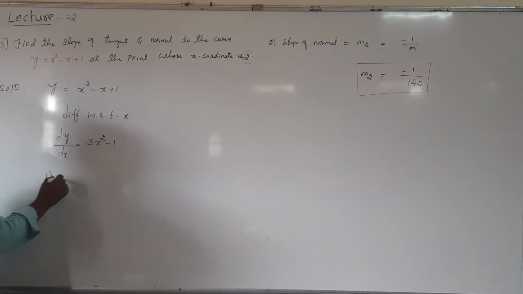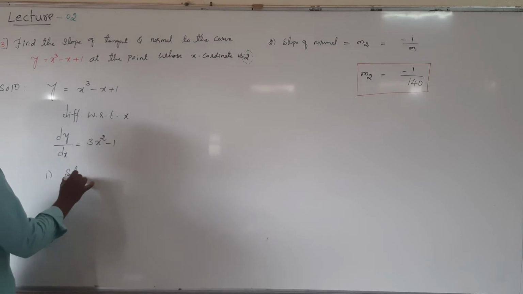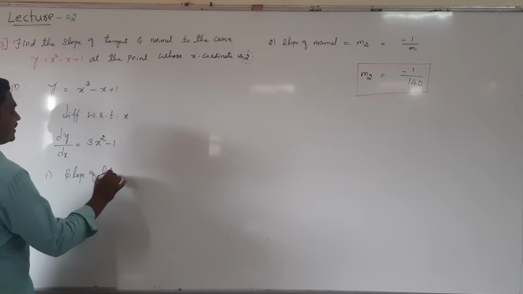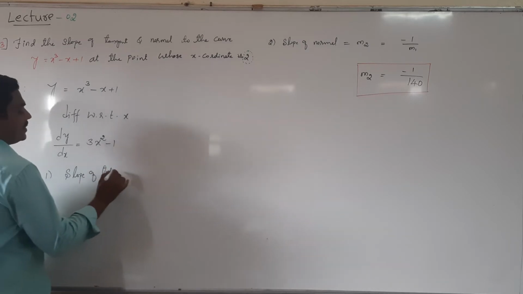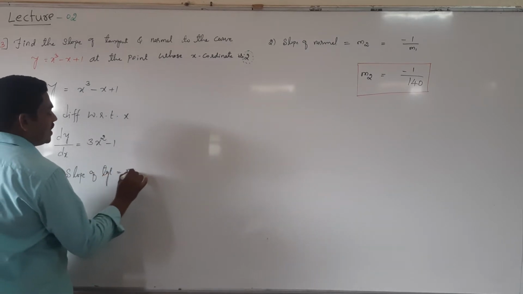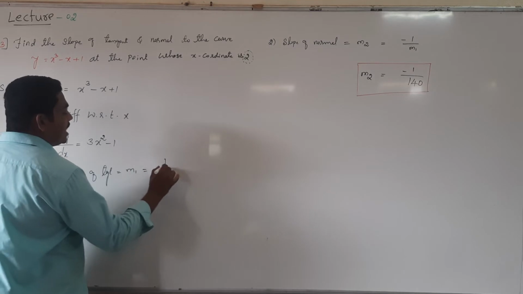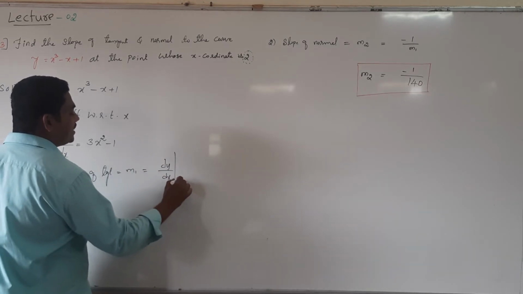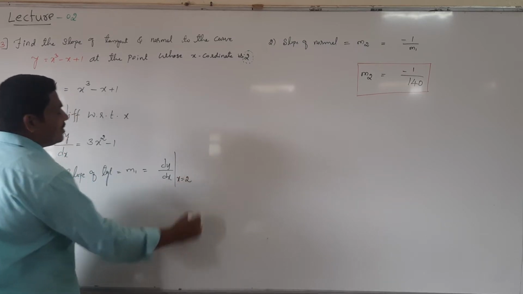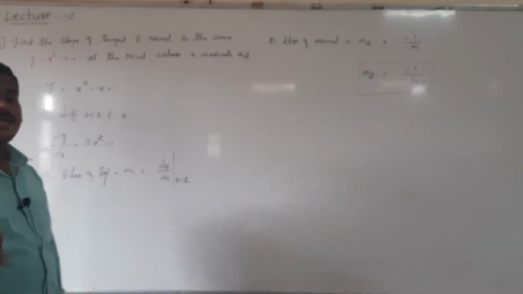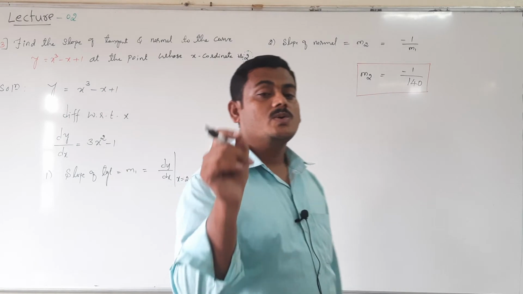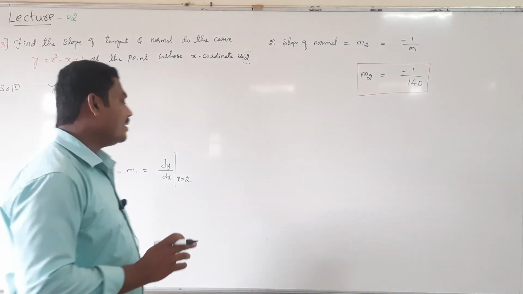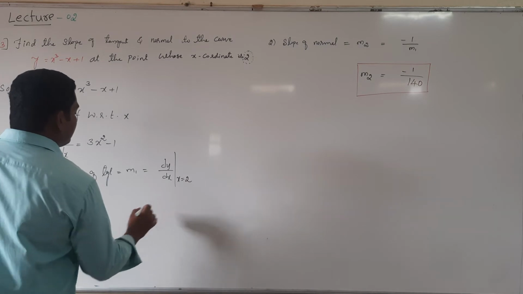Now write the slope of the tangent. Slope of tangent is m1 equal to dy by dx at a given point, that is at x equal to 2. Dy by dx at a given point gives the slope of the tangent line, right?